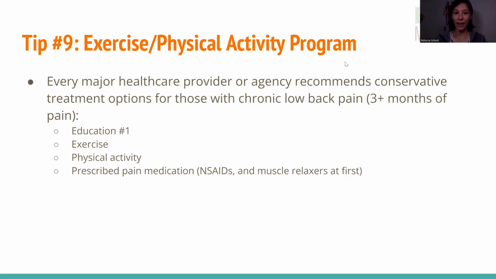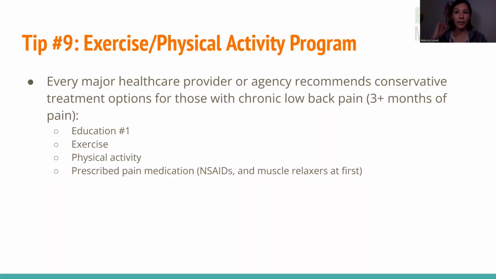Okay, and number 9 is an exercise and physical activity program. Every major healthcare provider and agency recommends that if you have chronic low back pain, there are 2 things you first need to have: education, and some sort of exercise and physical activity program.